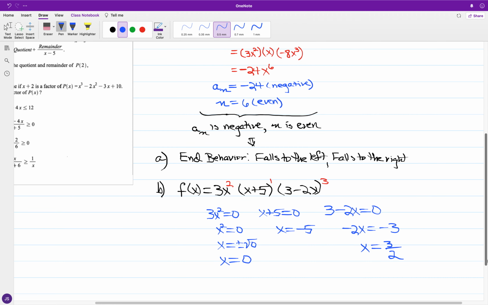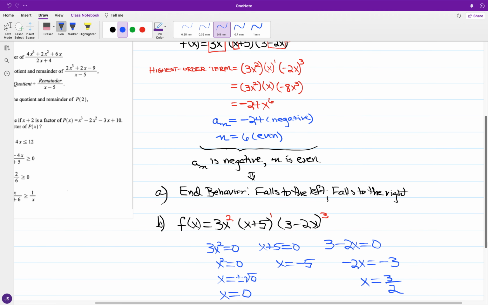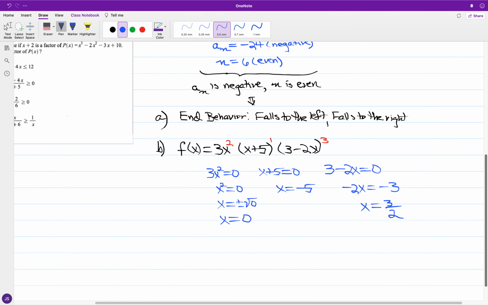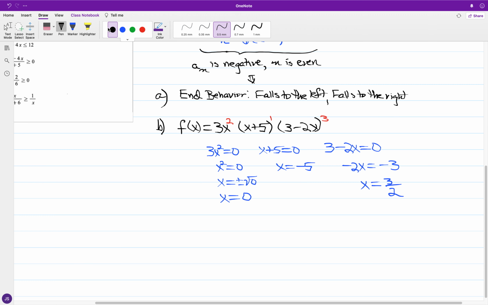So in terms of identifying the zeros and their multiplicities, you have x equal to 0, x equal to negative 5, and x equal to 3 halves, or you can write that as x equal to 1.5.